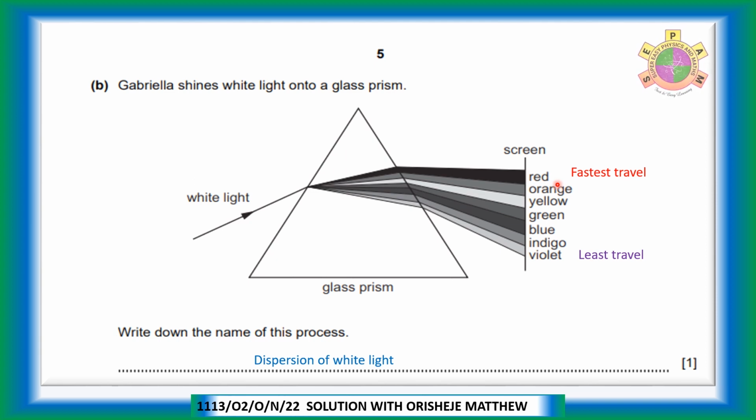This ability of the triangular prism to split white light into the different colors that make up white light is what is referred to as dispersion of white light.